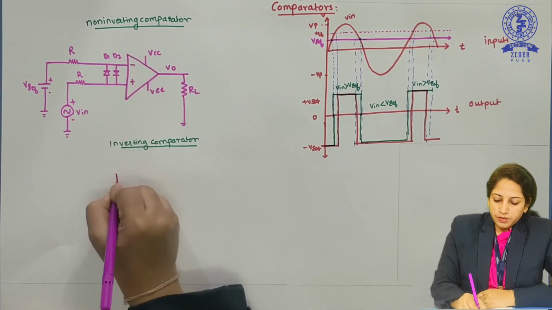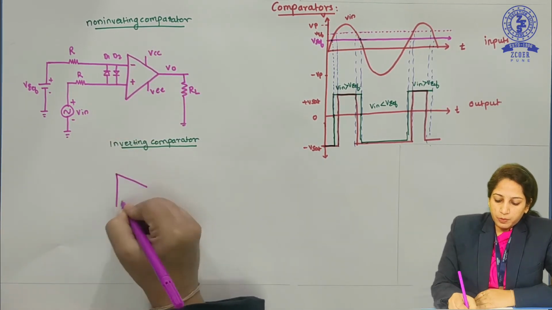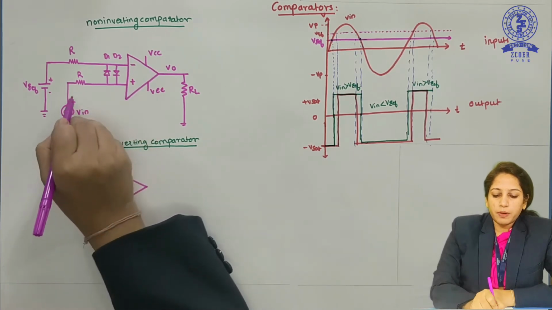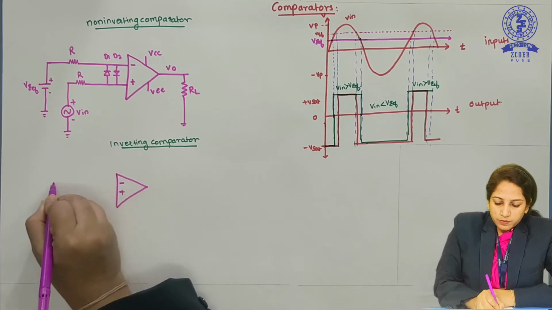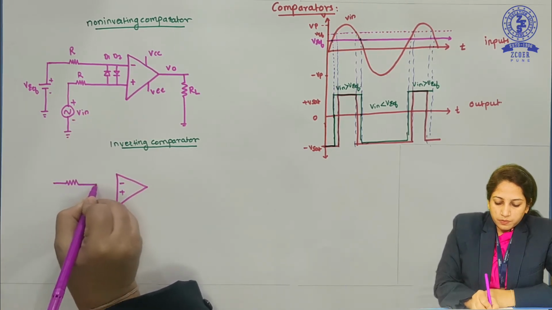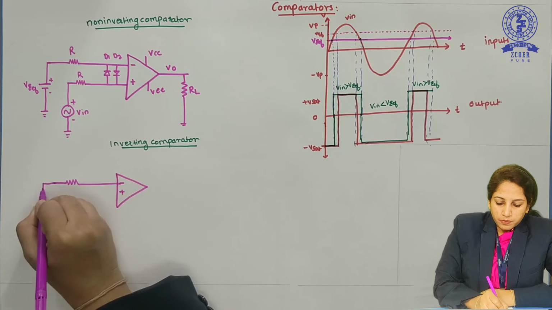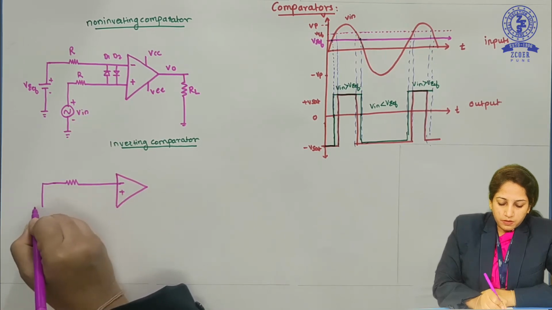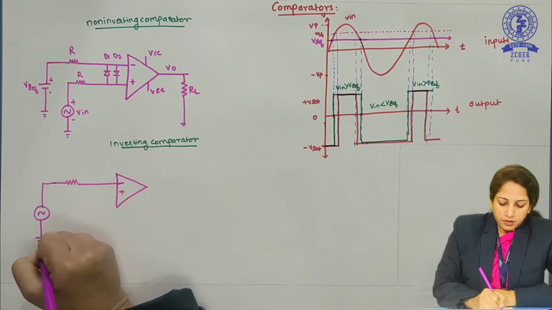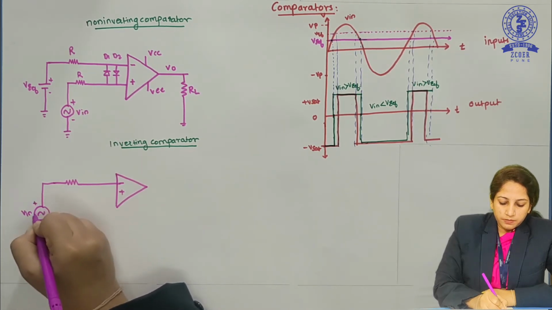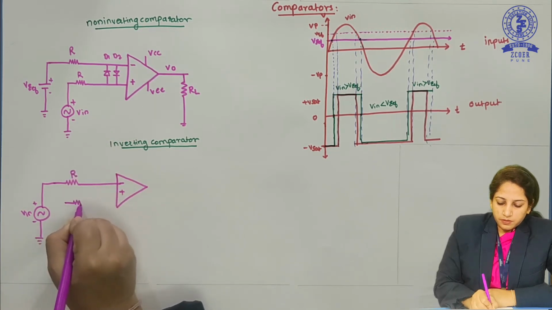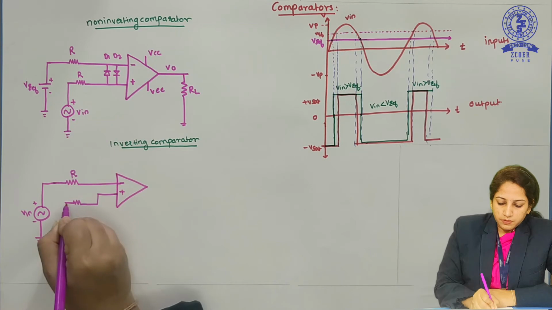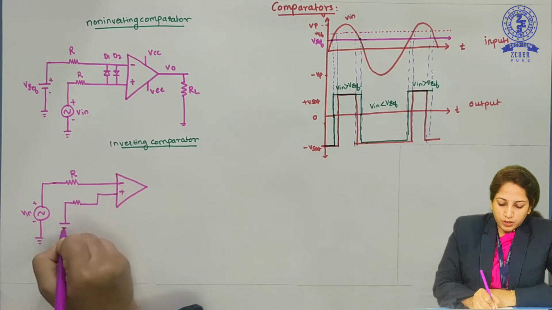That means here I will apply the input voltage to the inverting terminal, whereas before I had applied the input voltage to the non-inverting terminal. So here will be my input voltage V in. Here will be my reference voltage.